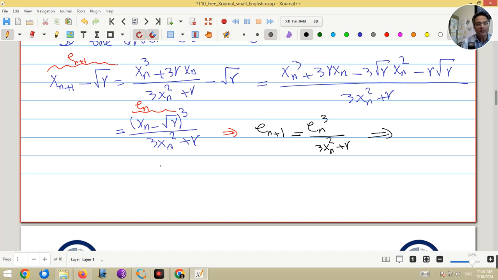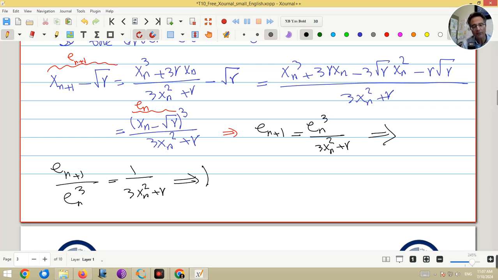Okay, now take the limit of both sides, or before that, let me do something else. I move e_n cube to the denominator of the left hand side, so I get e_{n+1} over e_n cube equal to 1 over (3x_n squared plus r).